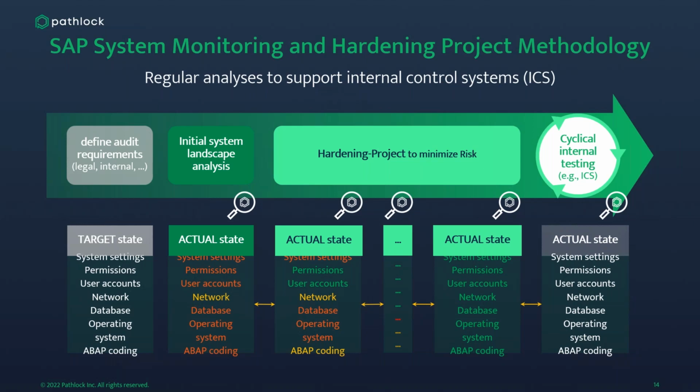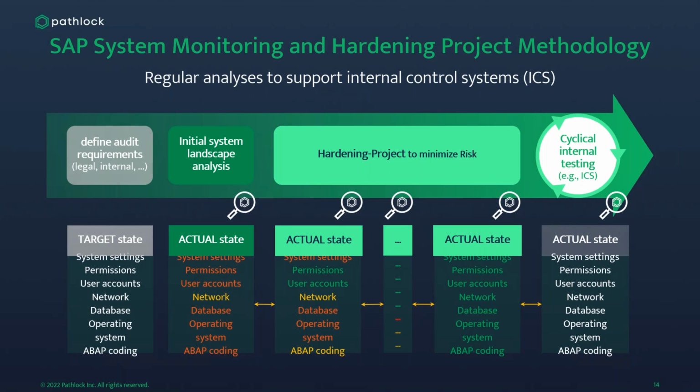First, we start on the left side with defining some target state. For example, it can be by our policies, which we deliver based on some legal requirements, but you also can have some internal requirements, whatever, and we define this wished target state.